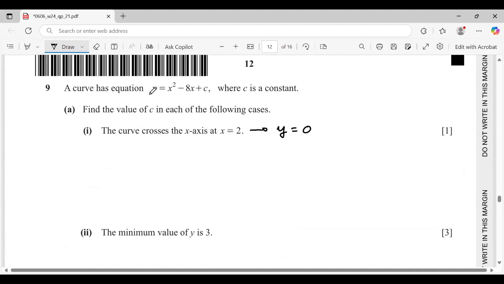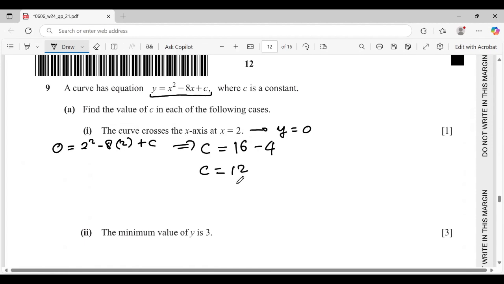If y equals 0, we can substitute into this equation: 0 equal 2 squared minus 8 times 2 plus c. So we can determine the value of c. That c equal 8 times 2 equals 16 minus 4. So c equal 12. So this is the value of c.